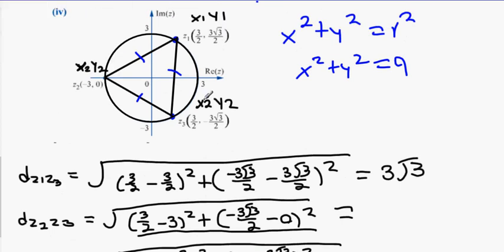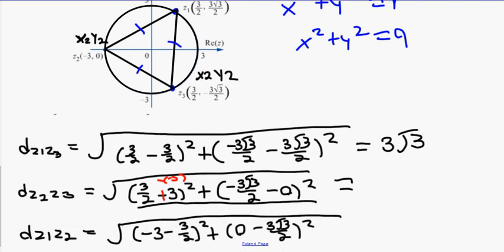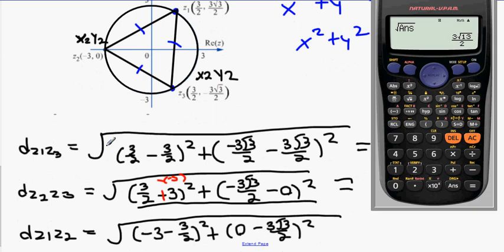Okay, so this one here should be a minus 3, which gives us plus 3. So what we should have got here would be 4.5.